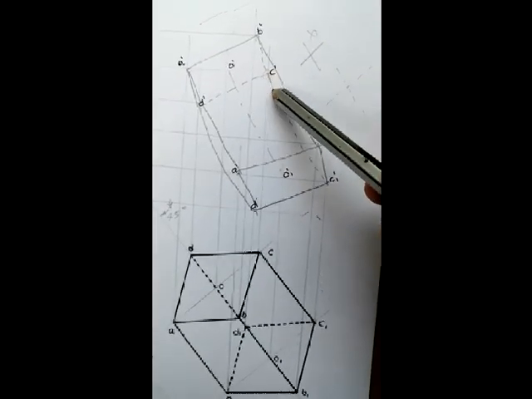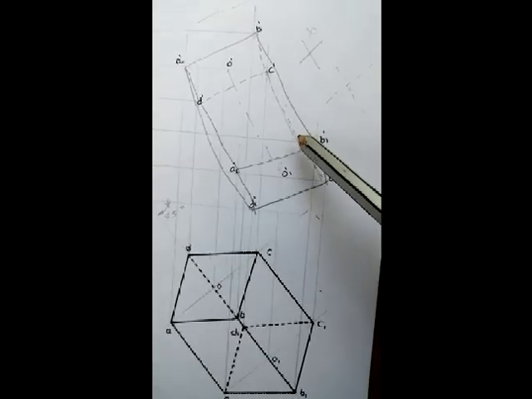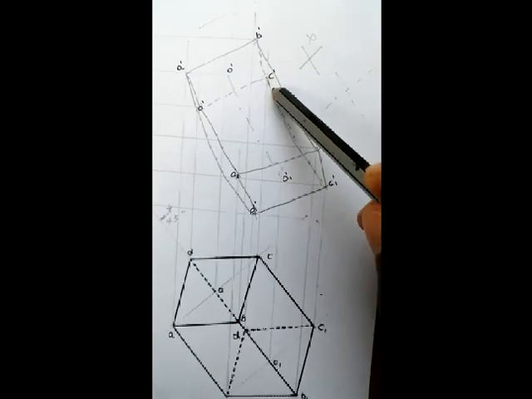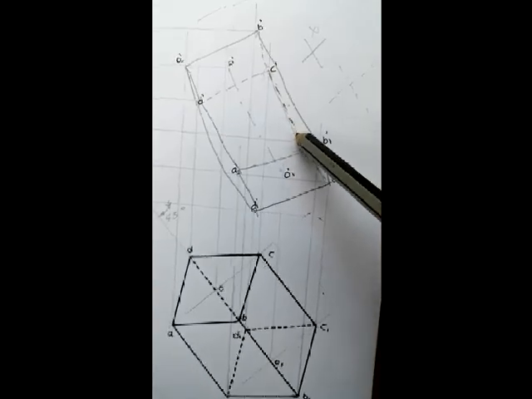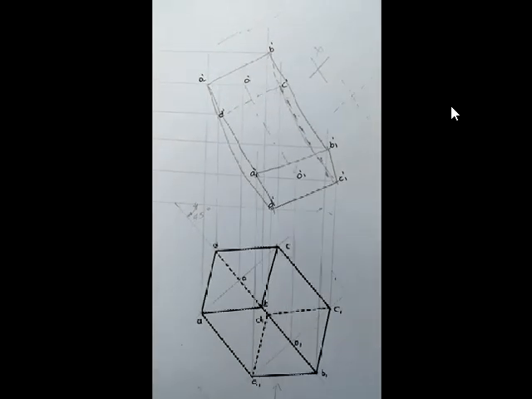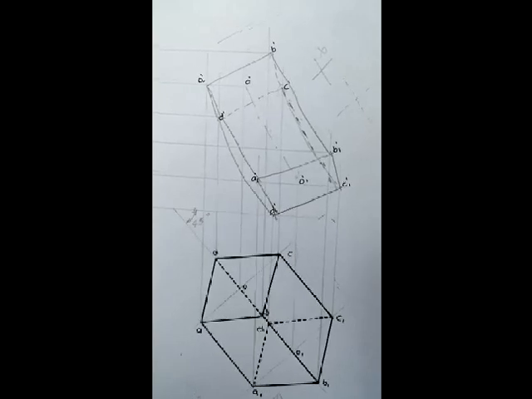By mistake, if you draw this line as continuous, that means here two continuous lines are intersecting. That should not happen. So since this is continuous, this line has to be dotted. So that completes solution of second problem, square prism in corner condition. Thank you.